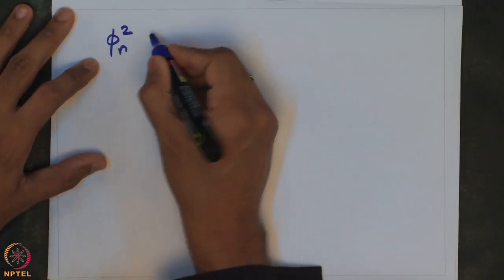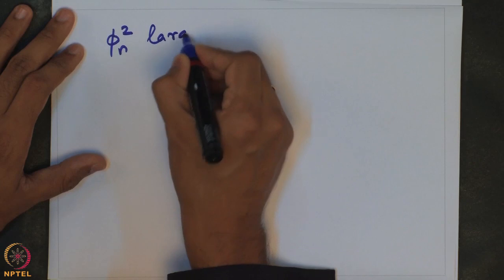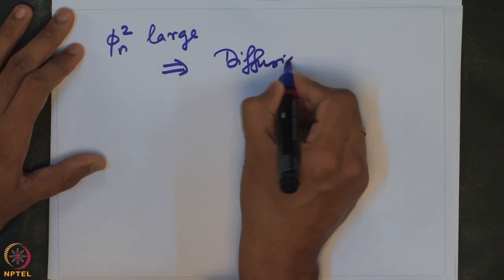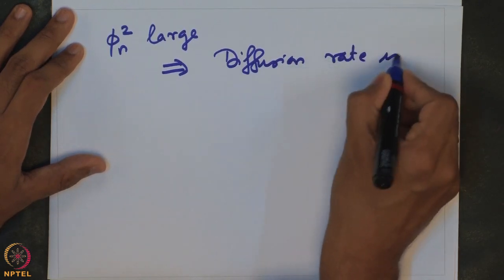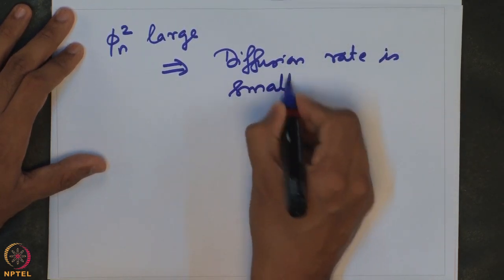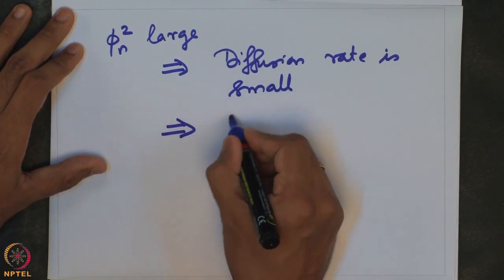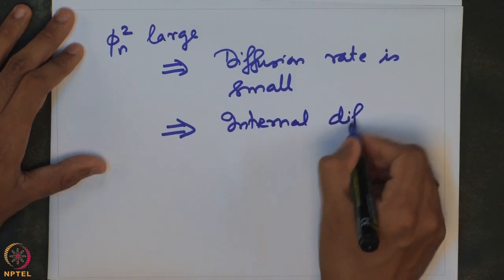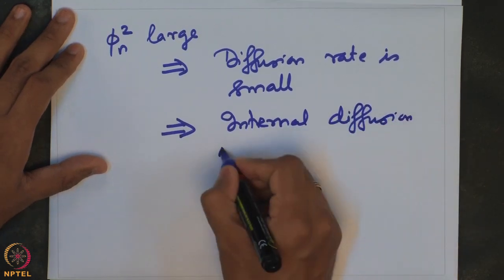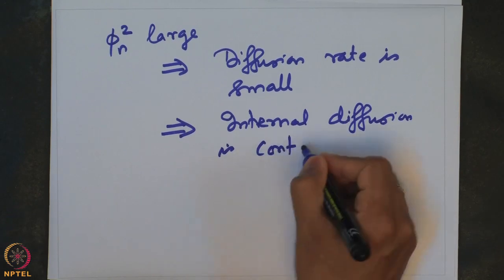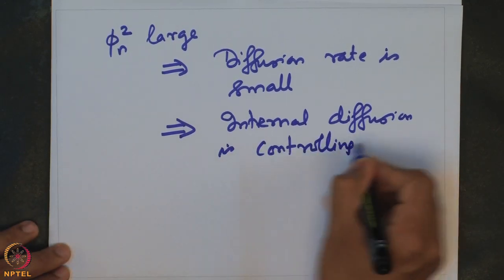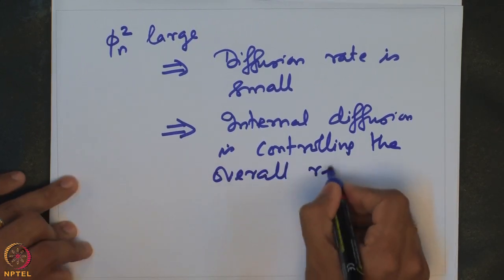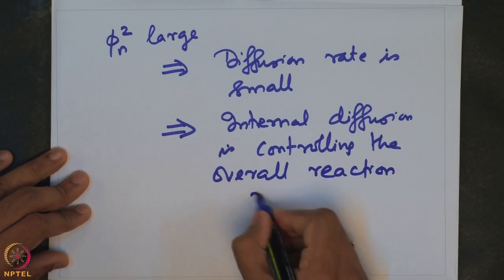if phi n square is large, it means that the diffusion rate is small, which implies that the internal diffusion is controlling the overall reaction rate.